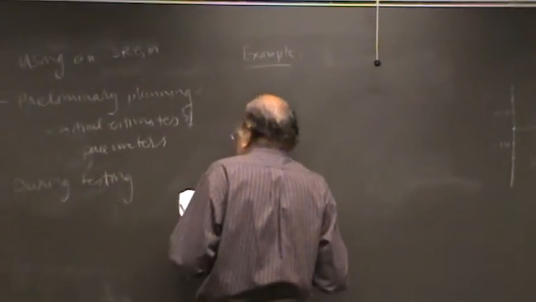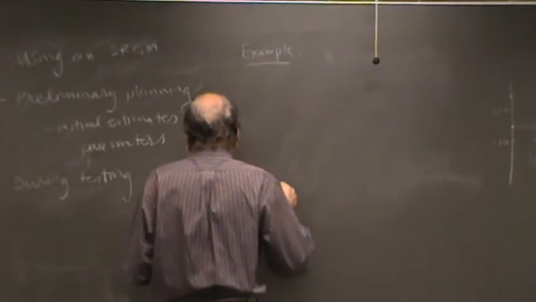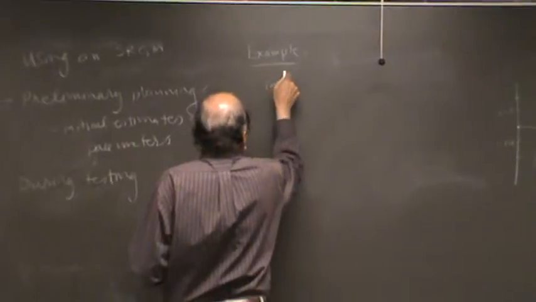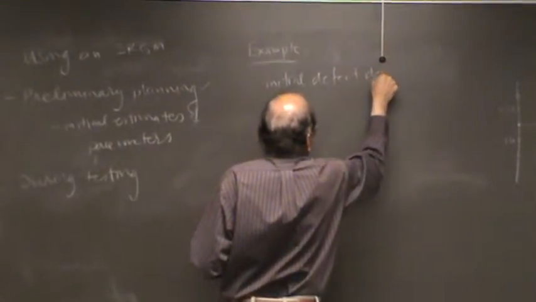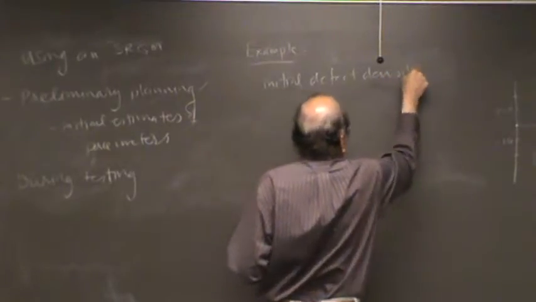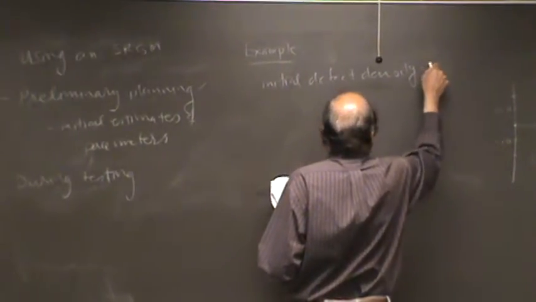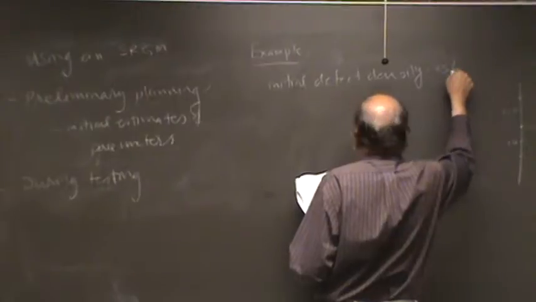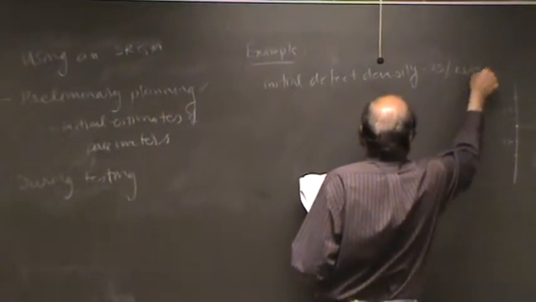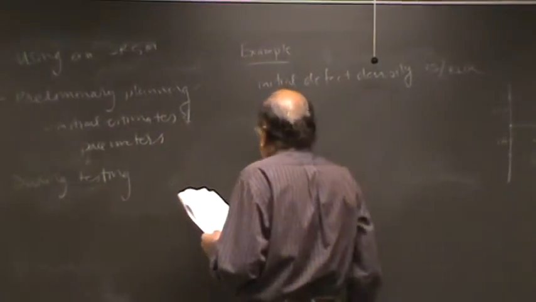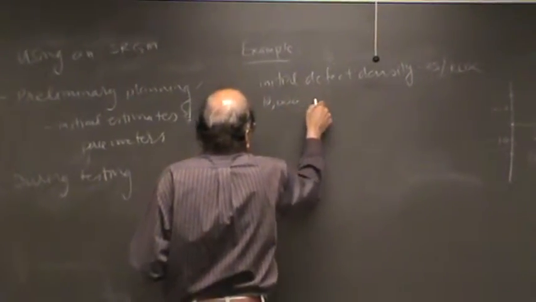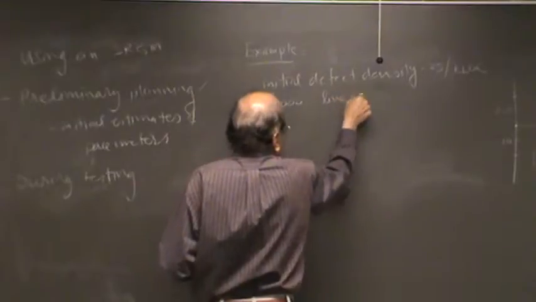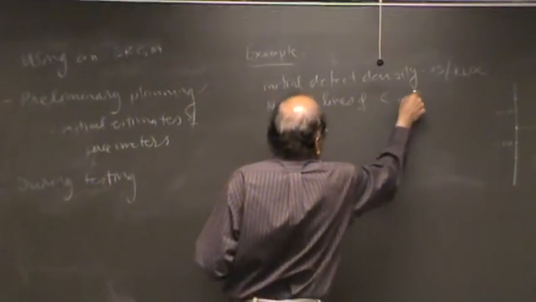Okay, so let's look at an example. Let us assume that you estimate the initial defect density to be 25 per 1,000 lines of code. And let's assume you have 10,000 lines of C code.